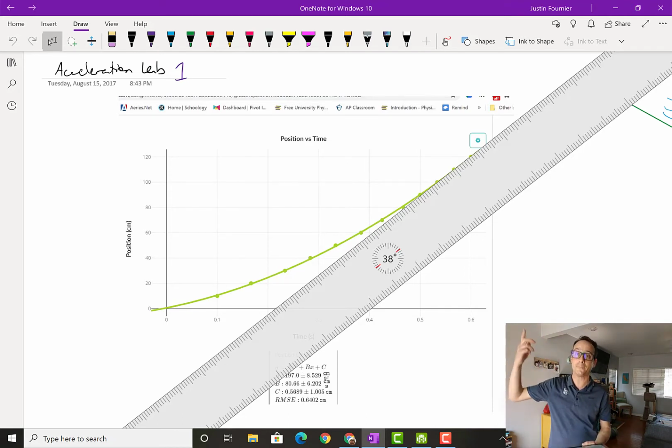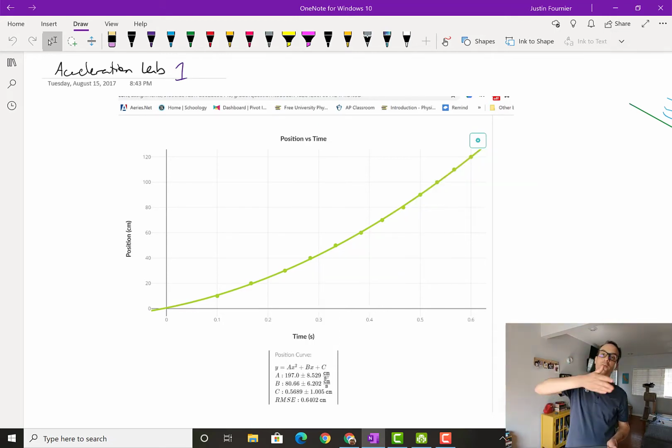It's getting bigger. If you go on that link that I sent you, which is also embedded in the lab itself, that YouTube video, the guy describes very well how to find those tangent lines and to graph a velocity versus time graph. And that's what I'm going to go to next.